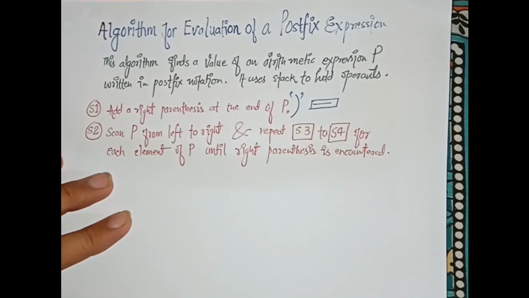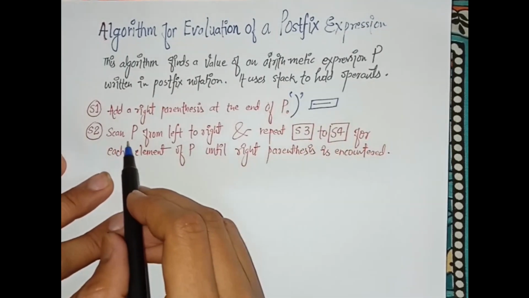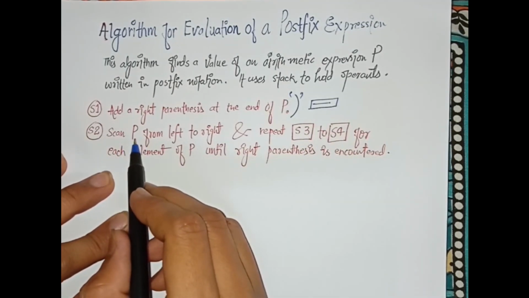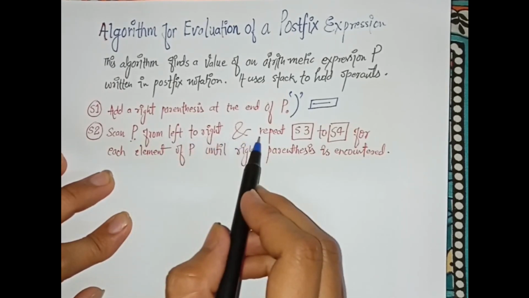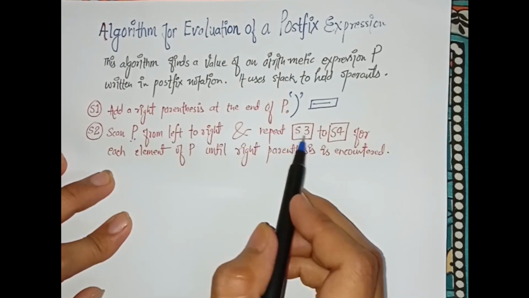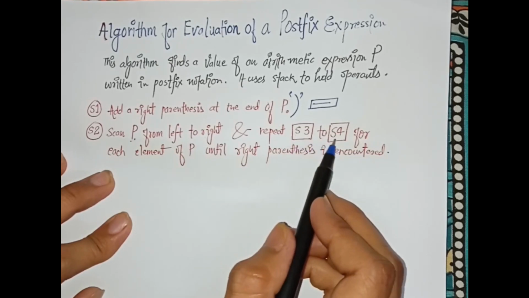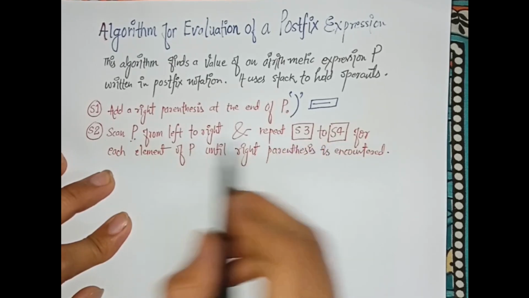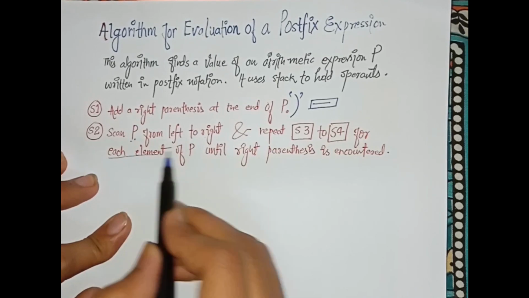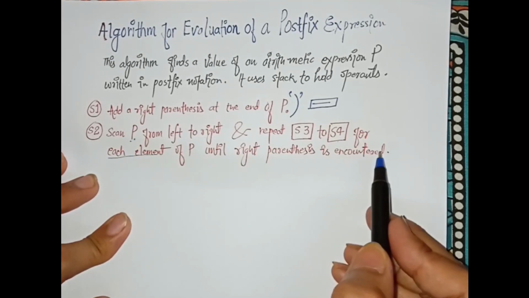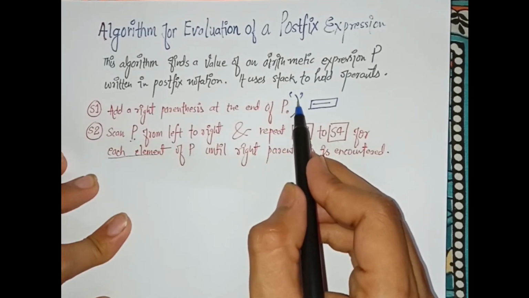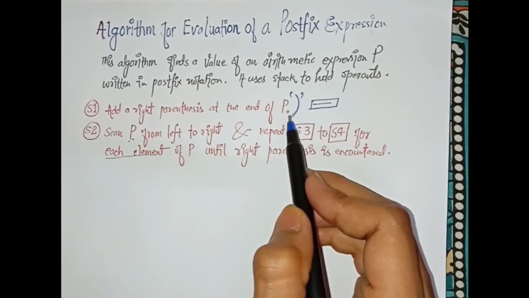The second step will be to scan the statement P from left to right and repeat step number 3 and step number 4 for each element of P until the right parenthesis is encountered.